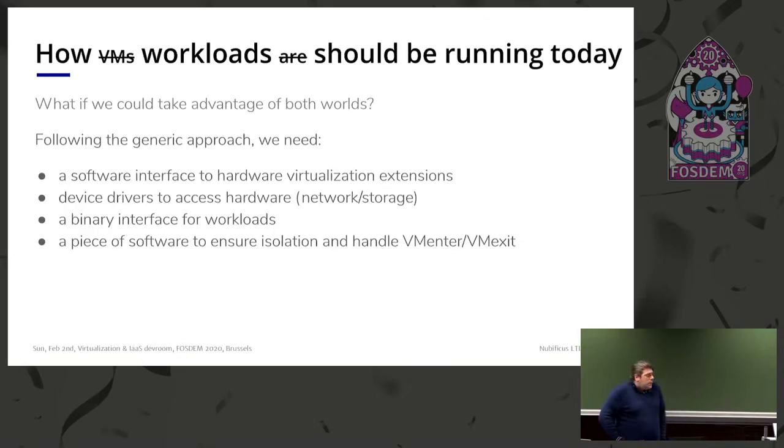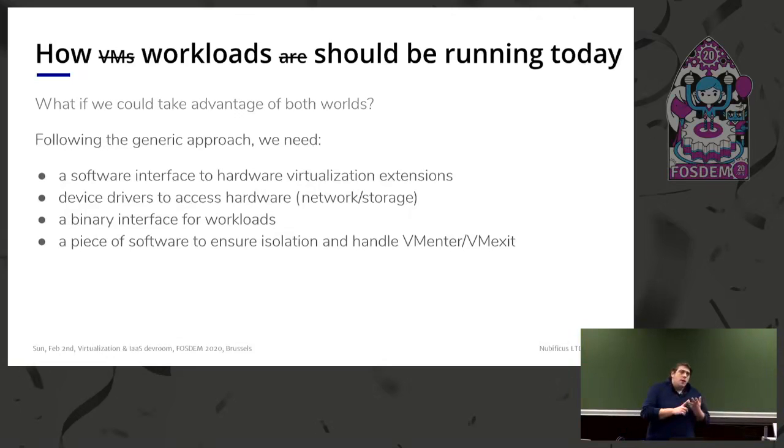So actually, we say that the requirements for a workload to be running on such a low power device are that we need a driver for the hardware extensions. We need access to the hardware, so an interface, a device driver for the hardware.